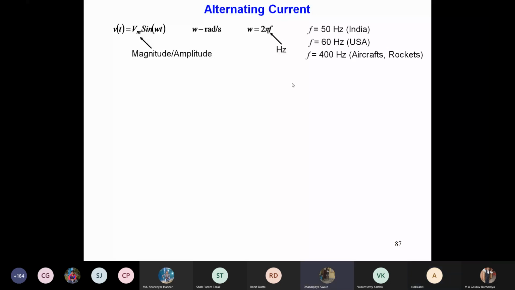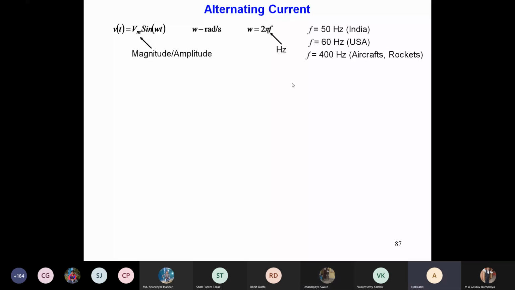Will the difference in frequency change the mechanism or application of my appliances? No. Change in frequency will not change that, but the change in frequency is there for a different technical reason. There are technical reasons behind this, and I may discuss some of them when I start the discussion on induction motors at the end.